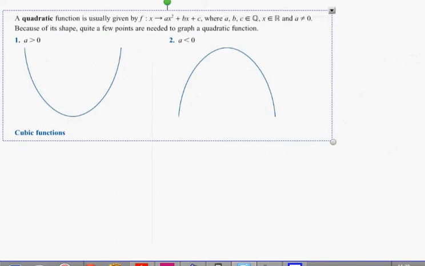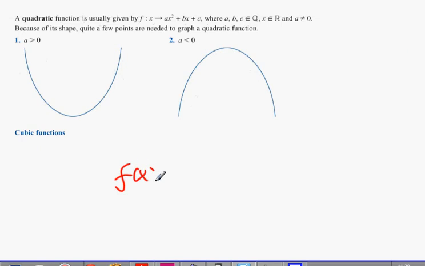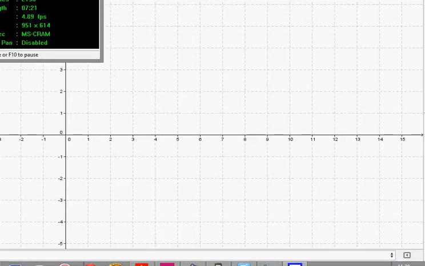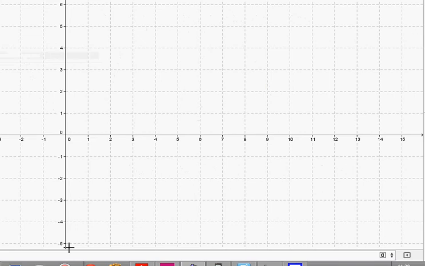Okay, next thing, a quadratic function. Quadratic functions are interpreted by their a, b and c value. Let me give you an example. I'm going to draw an equation y equals x squared minus, let's say, 10x plus 24.